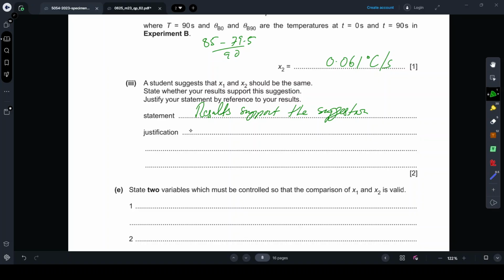And the justification is that the cooling rates, and these are the average calculated, are within the limits of experimental accuracy.